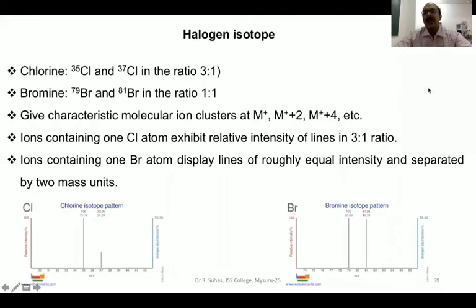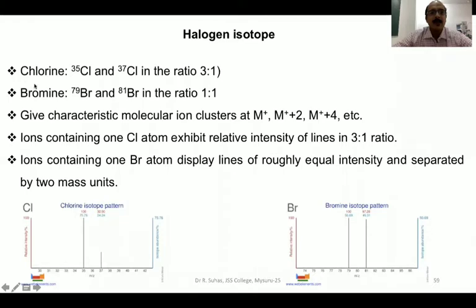As I said, among the different elements present in the periodic table, halogen isotopes take a special significance because of the presence of chlorine and bromine. We know that chlorine gives a 3:1 peak, whereas bromine gives a 1:1 peak, because both the isotopes of chlorine and both the isotopes of bromine have a very high percentage of natural abundance.